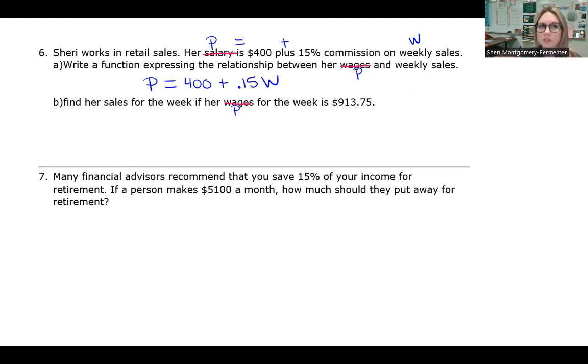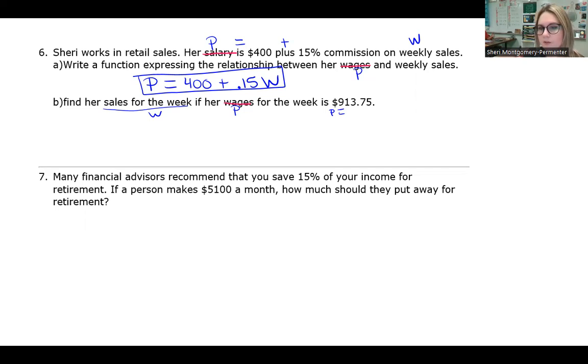The first part of this question is just write an equation. The second part says find her sales for the week. Well, the sales for the week, that is W. Okay, find the sales for the week if it tells you that your pay is $913.75.